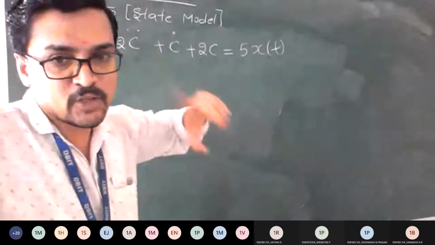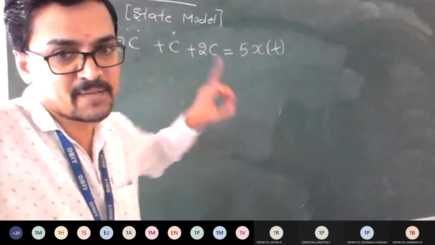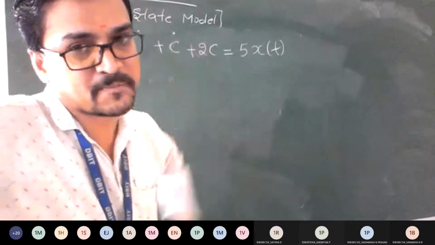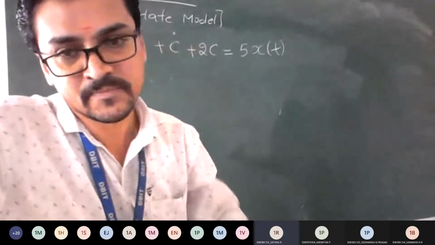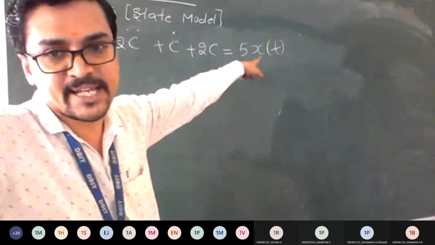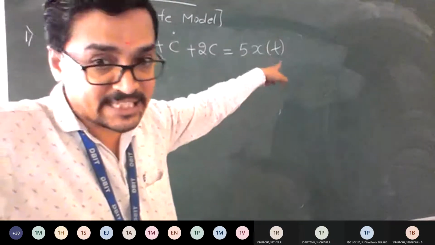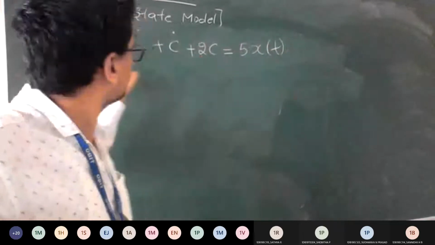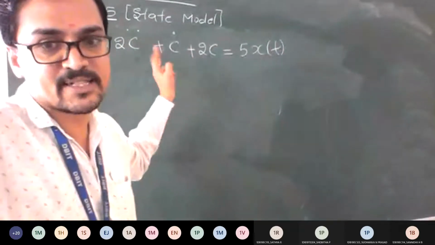Now tell me, will you consider the state variables in terms of x1, x2, x3 or y1, y2, y3? y1, y2, y3. Understood, right? You are not supposed to take x1, x2, x3 as states, as x is acting as an input now. Instead of u of t they have given x of t, and in place of y they have given c.